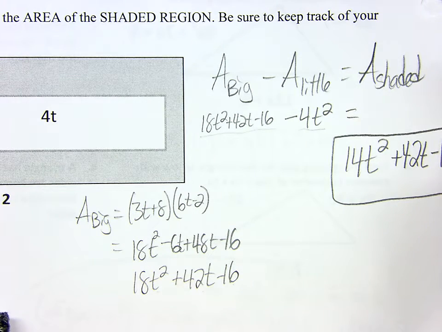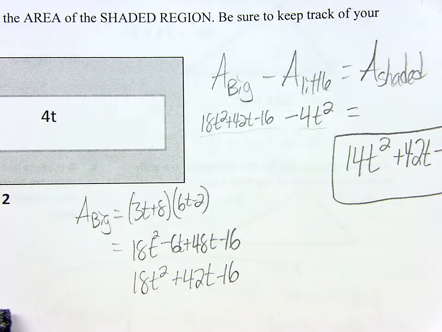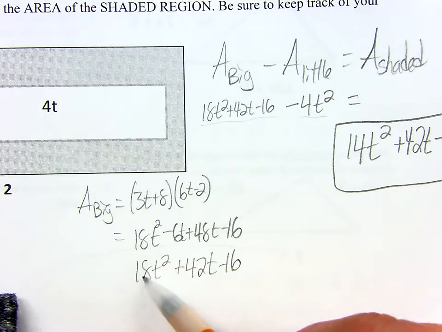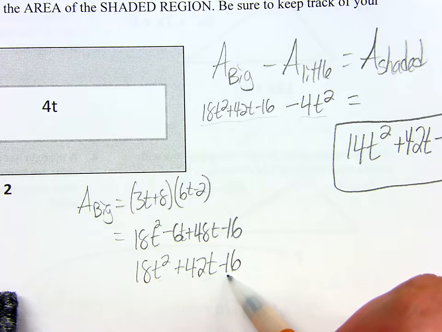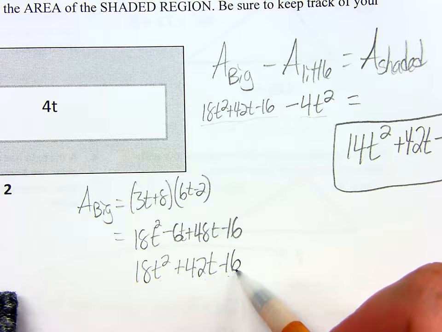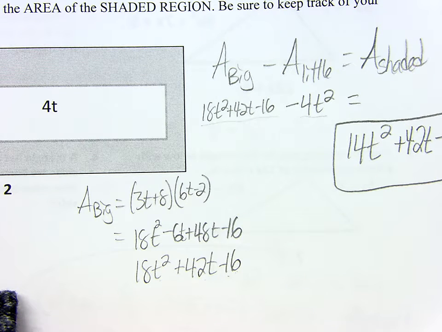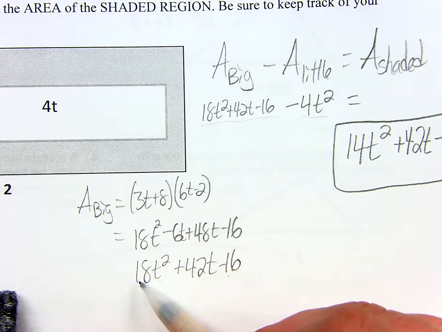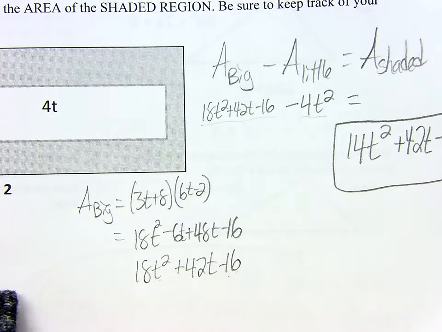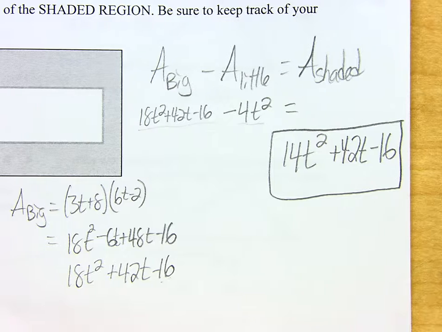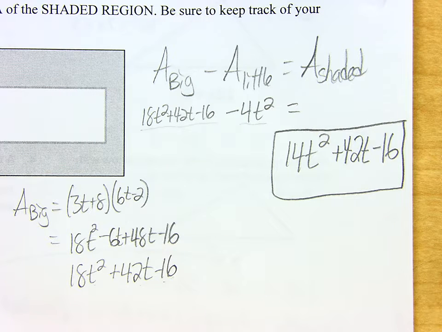I don't know where you're getting those from. When you FOILed the two together, did you get this: 18t squared, 42t, 16? Now I'm just going to minus the 4t squared from it. So there is the area of my shaded region.